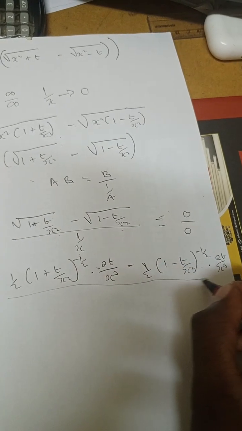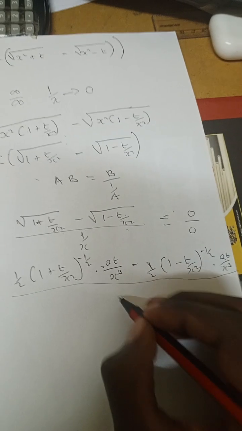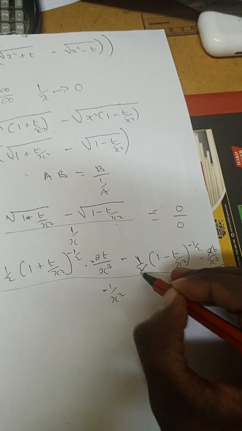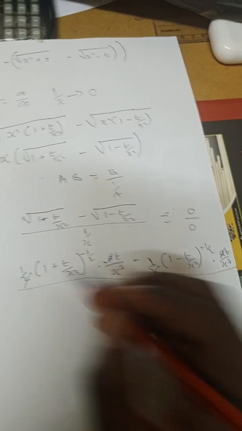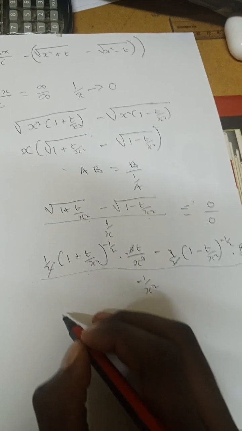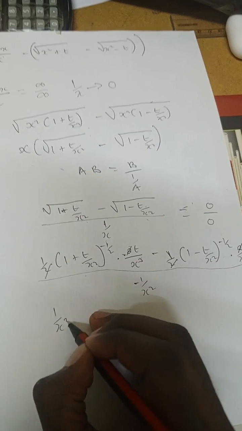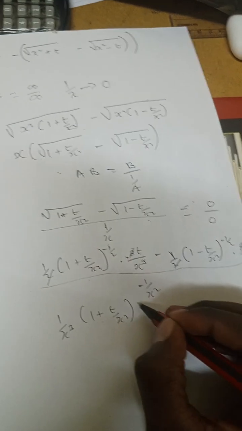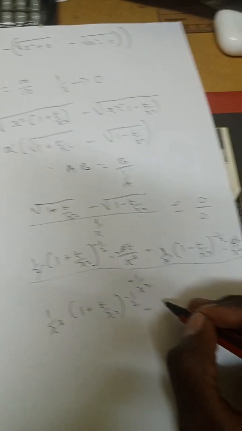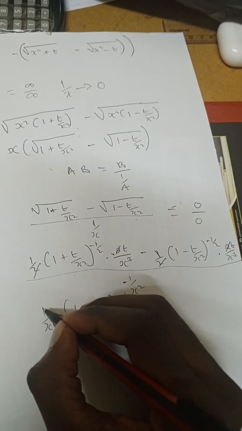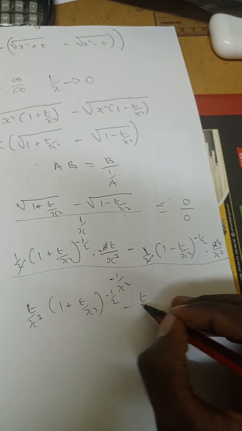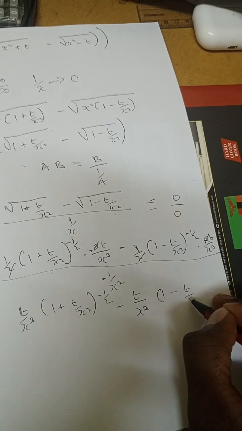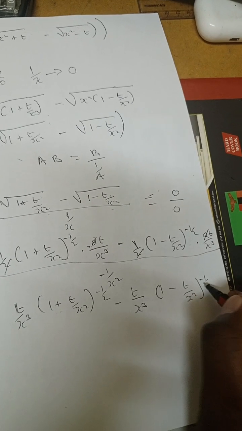Then for the numerator, we are done. Then the denominator will have negative 1 over x squared. To simplify, we can see the 2 and the 2 go. So what we're going to have is t over x cubed times 1 plus t over x squared to the power negative 1 over 2, minus, there's a t here, t over x cubed times 1 minus t over x squared.